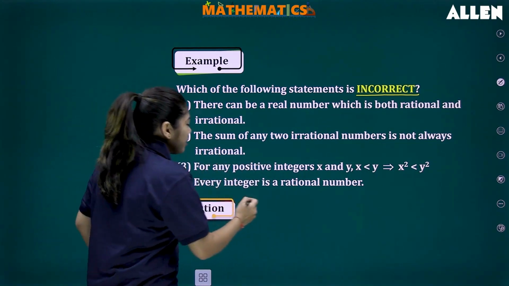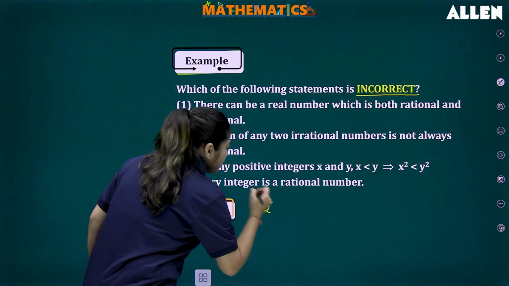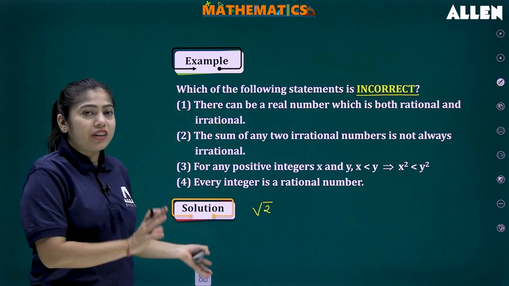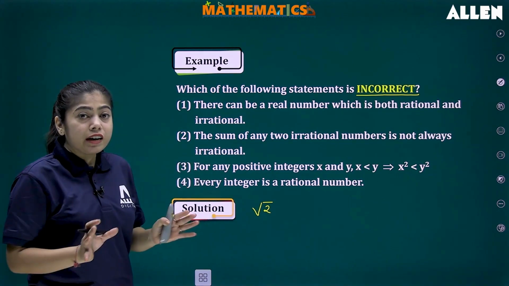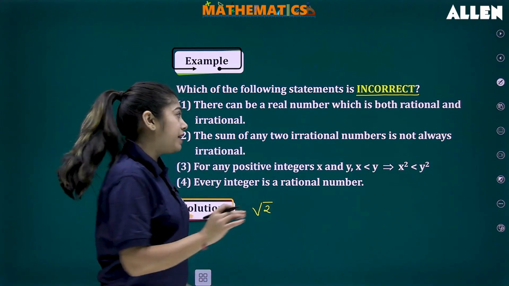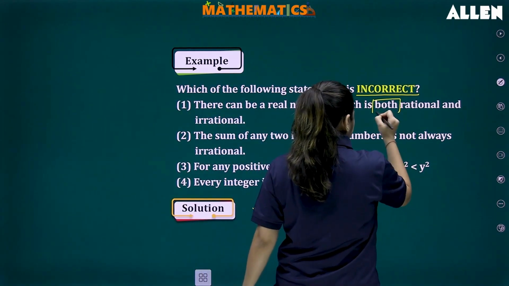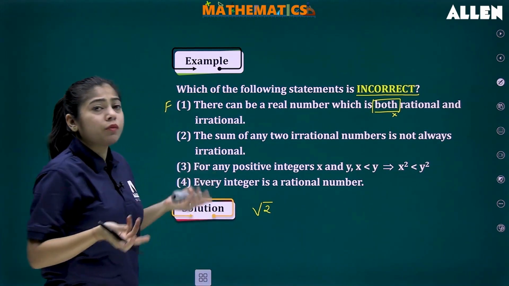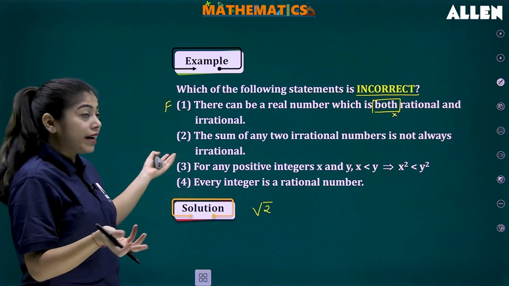If I write a number over here, root 2, now this number is irrational only. This number cannot be called rational, right? So a real number can either be rational or it can be irrational. It can never be both, right? This is wrong. So this is a false statement. So option 1 is our correct answer.